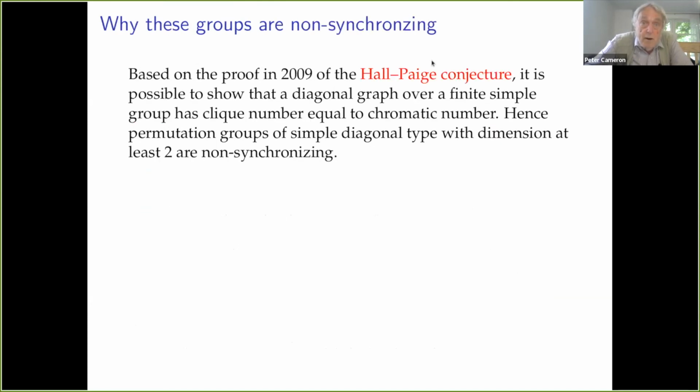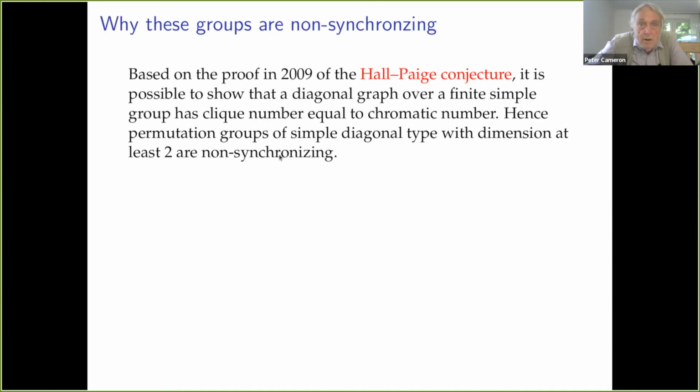So why are they non-synchronizing? Well, the Hoffman-Singleton... the Hall-Paige conjecture, I'm sorry, I'm running slightly over time. I've very nearly finished. This is the last slide, essentially. The Hall-Paige conjecture, which was proved in 2009, shows that the diagonal graph over a finite simple group has clique number equal to chromatic number.